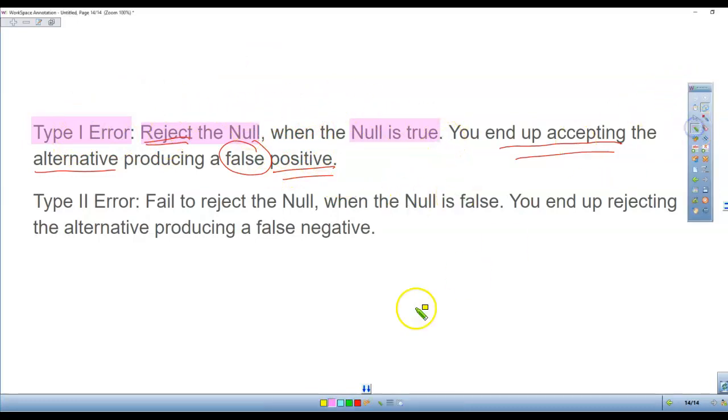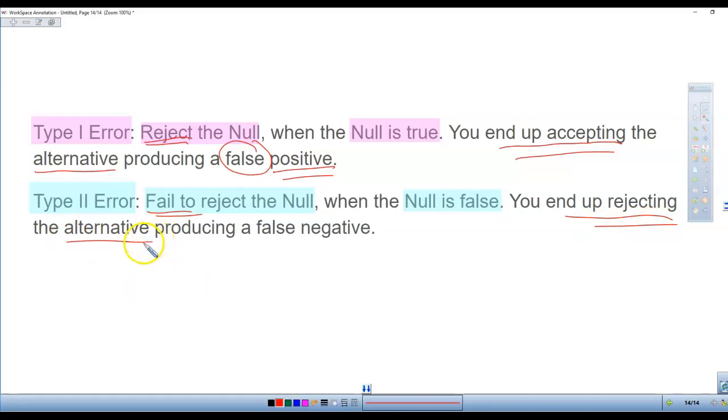A type 2 error means you fail to reject the null when the null really is false. Okay. But if you think about your hypothesis test, if you fail to reject the null hypothesis, that means you end up rejecting the alternative because you failed to provide enough evidence to reject the null hypothesis.